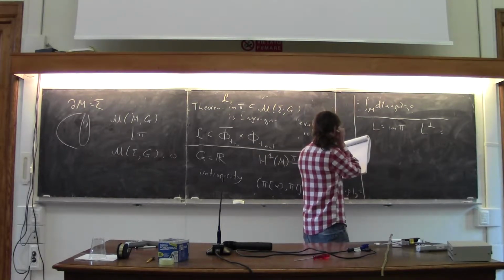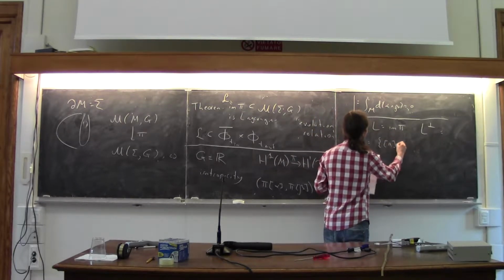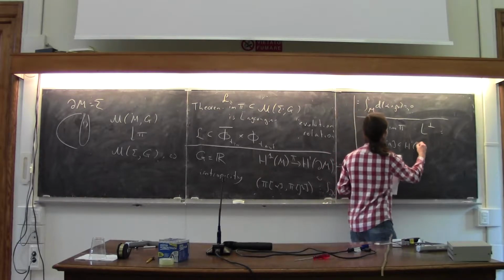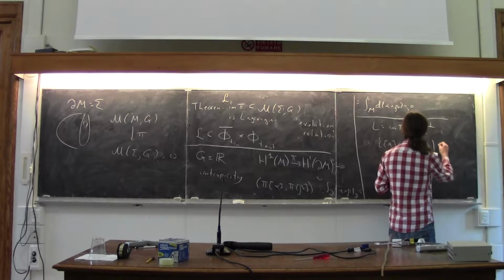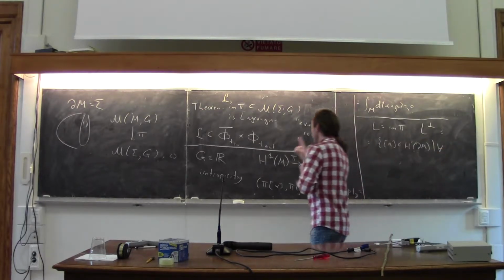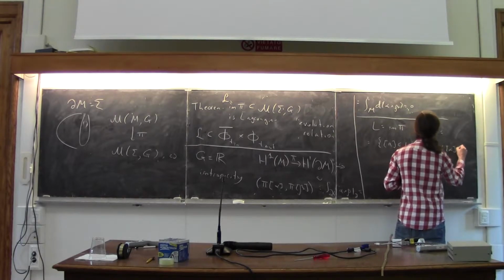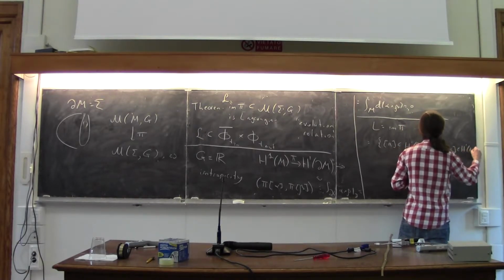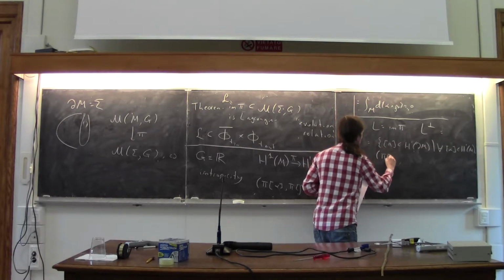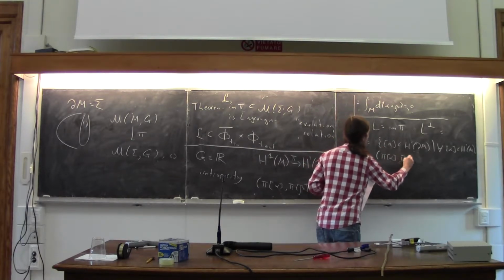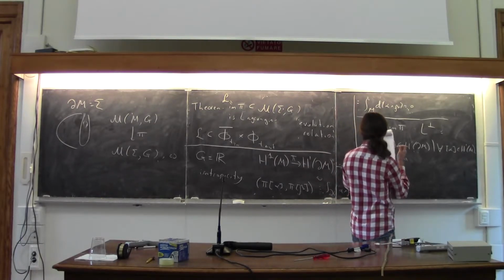A set of classes A in H1 of the boundary, such that for any class beta in the bulk, the pairing of pi of beta with A is 0.